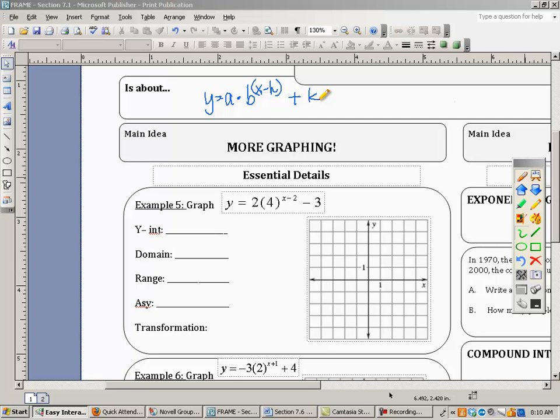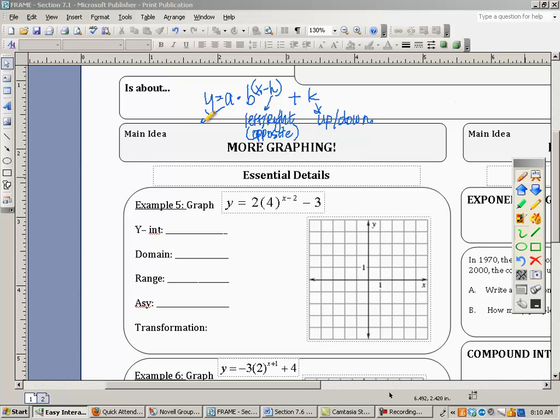All right, so let's first talk about the k. The k will tell you if you go up or down, if we recall from previous chapters. The h will tell you left or right, but what's special about the h is it's always the opposite of what we think. So a minus h really goes to the right, a plus h really goes to the left.